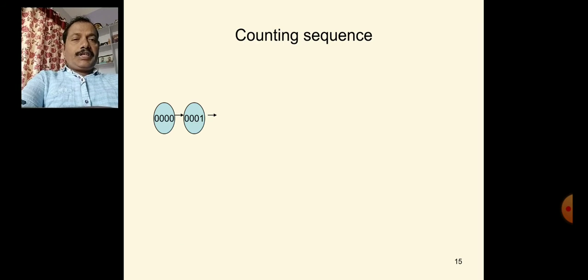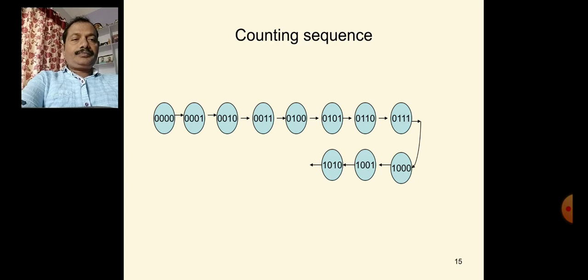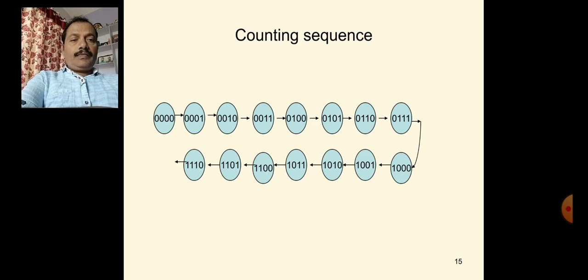So the counting sequence is like this: 0 0 0 0, 0 0 0 1, 0 0 1 0, 0 0 1 1, like this. This is the state diagram of the counter. For the next pulse, it goes to 1 1 1 0. For the next pulse, it goes to 1 1 1 1.